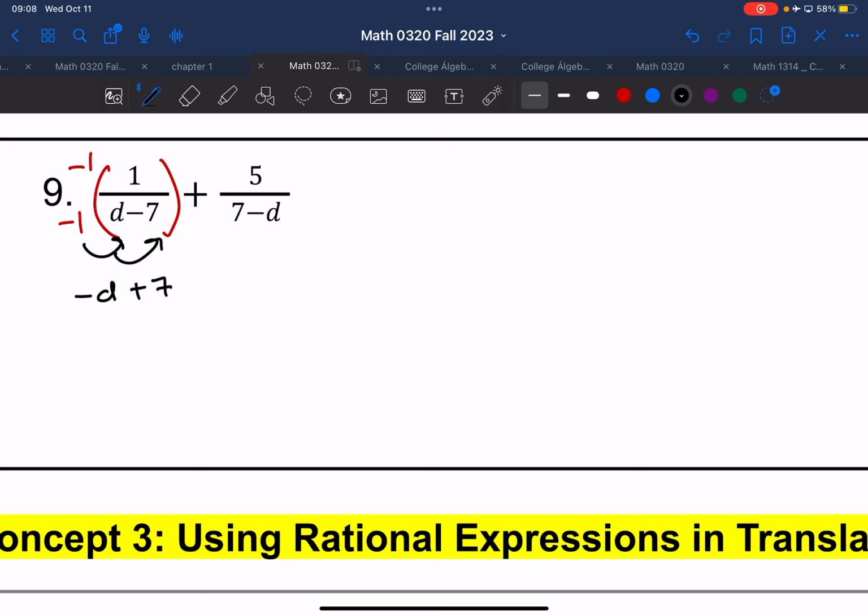Now that I have a plus that's separating these 2 terms, I'm able to flip-flop them because it doesn't matter in addition if the number comes first or second. So I'm able to switch these around, and this becomes 7 minus d, which now matches my other denominator. So all I did was multiply that first fraction by -1.